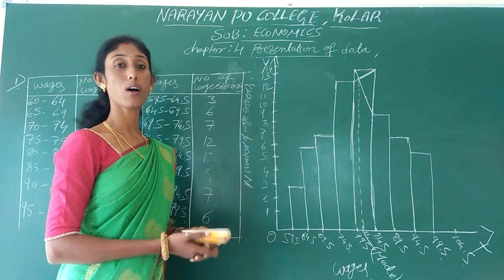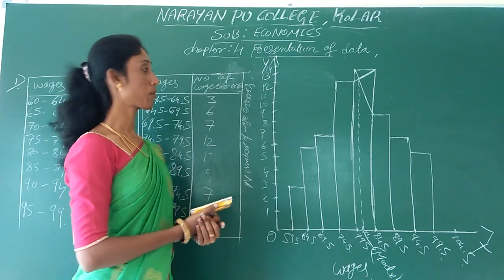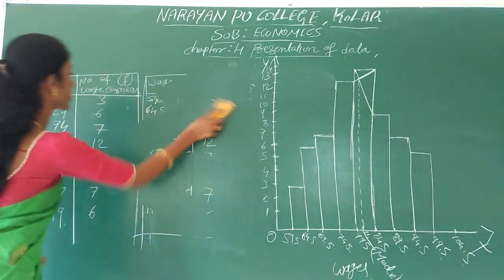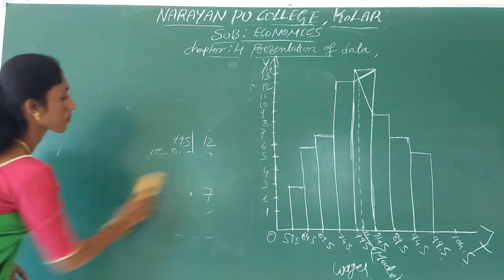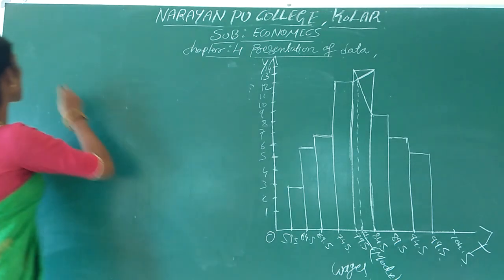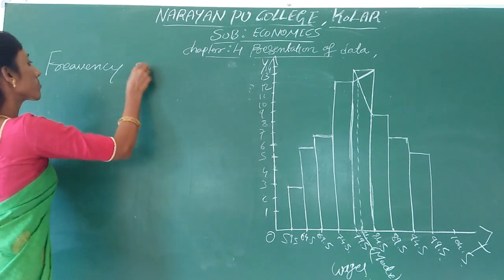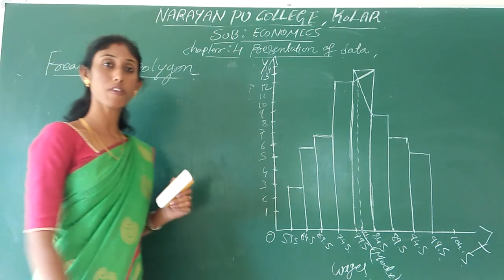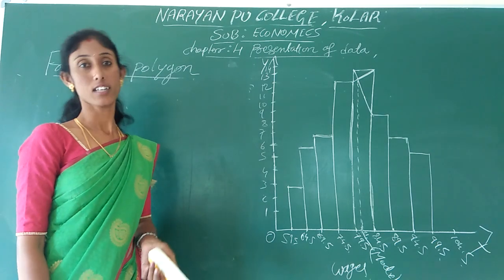And next we are moving to one more type of frequency diagram, that is the frequency polygon. It's the second type of frequency diagram after the histogram.